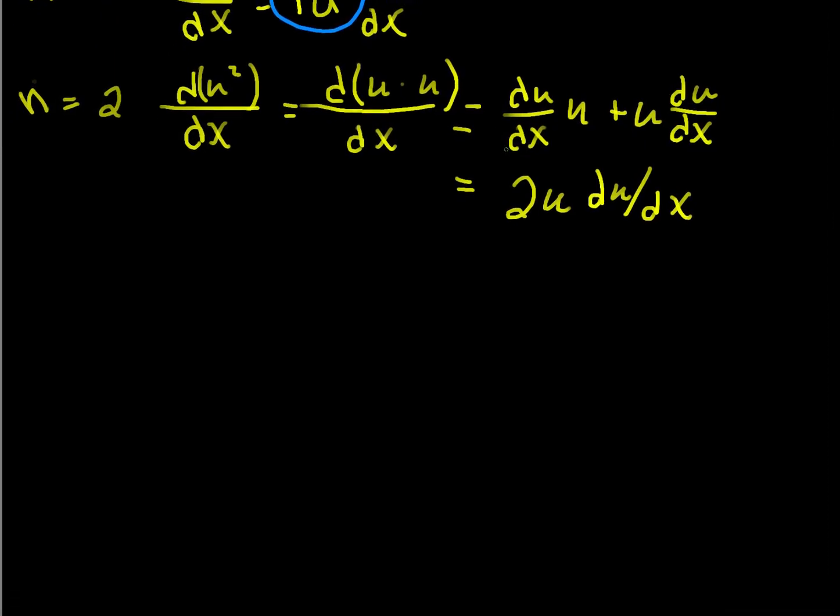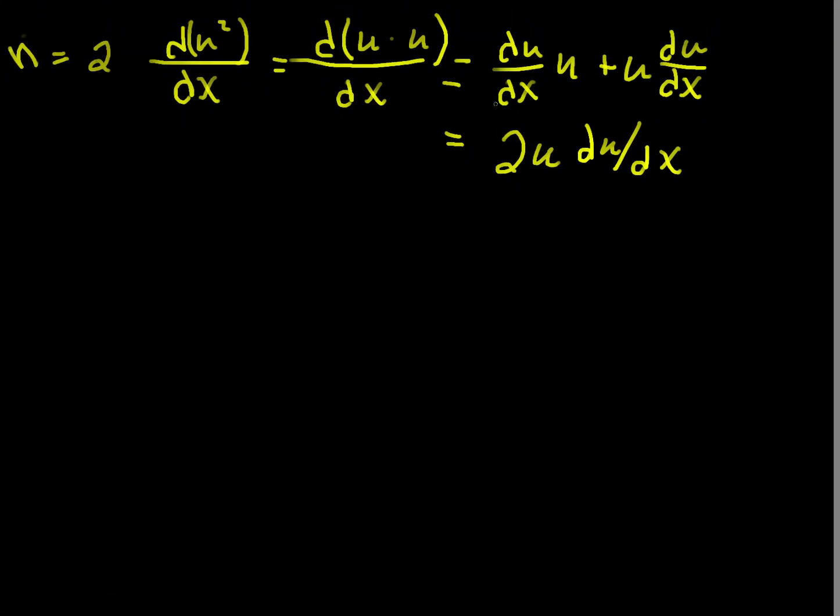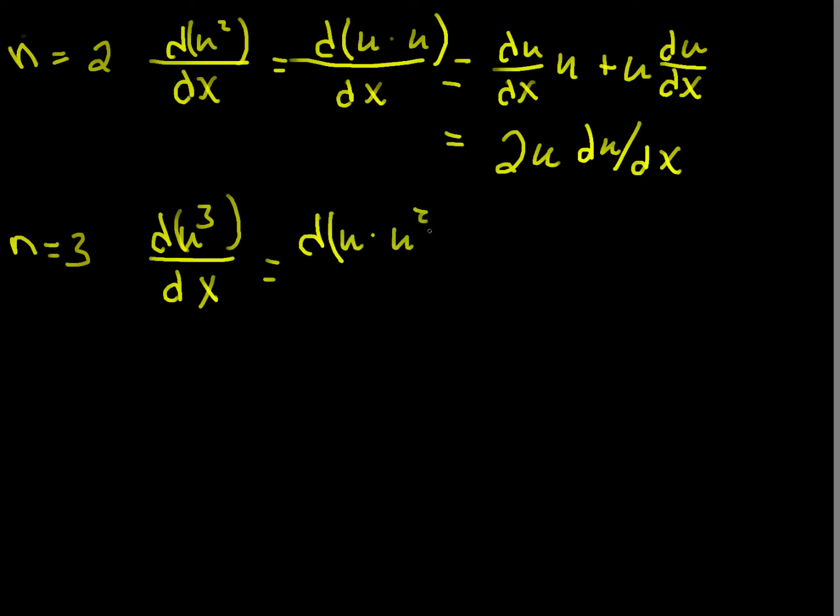So let's do it for a few more cases, and we'll see a pattern here. If n is 3, then d(u cubed) with respect to x, I'll look at this as a product: the derivative of u times u squared.